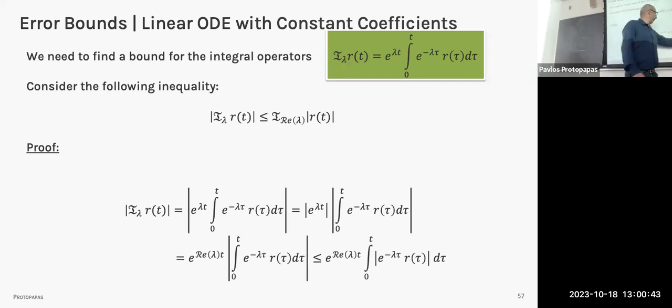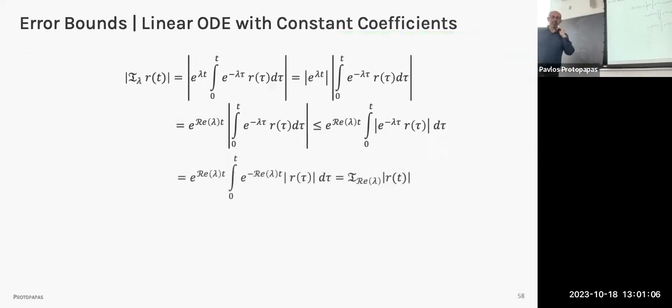Okay. Now this one is e to the lambda t. I never said lambda is real, it's a complex number. So I'm just taking the real value times this, which is going to be smaller by putting the absolute value inside, right? Okay, I hope that convinced you. Now, with that, look at this.